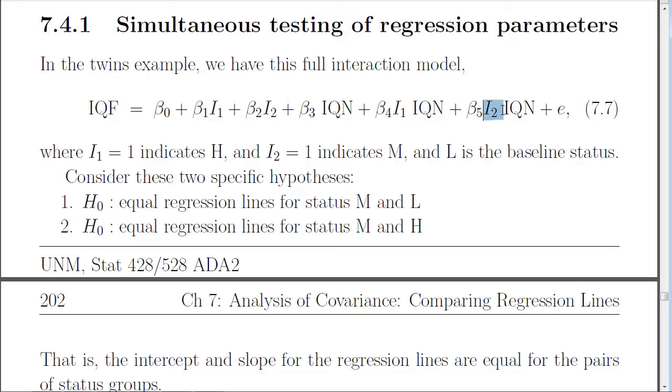Similarly, here's I2 for the medium group. If beta 5 equaled 0, then when you're the medium group, your slope would only be beta 3 plus beta 5. Beta 5 is 0, so you'd be beta 3. All right, so in this first hypothesis we want to test whether both beta 2 equals 0 and beta 5 equals 0.